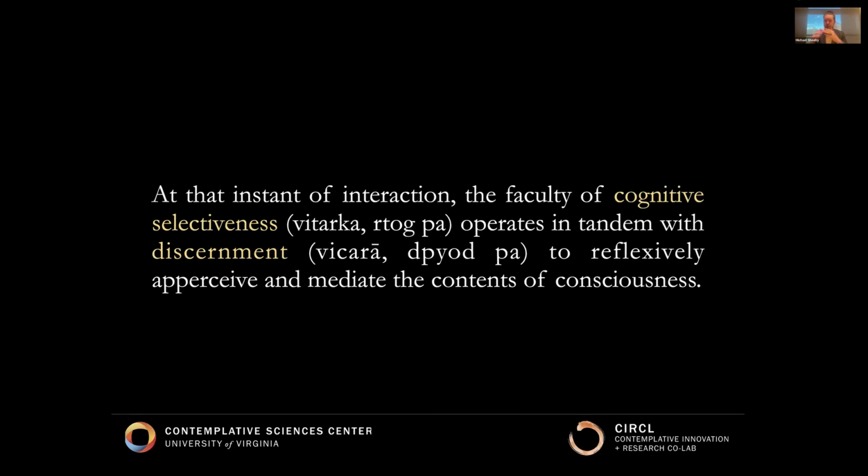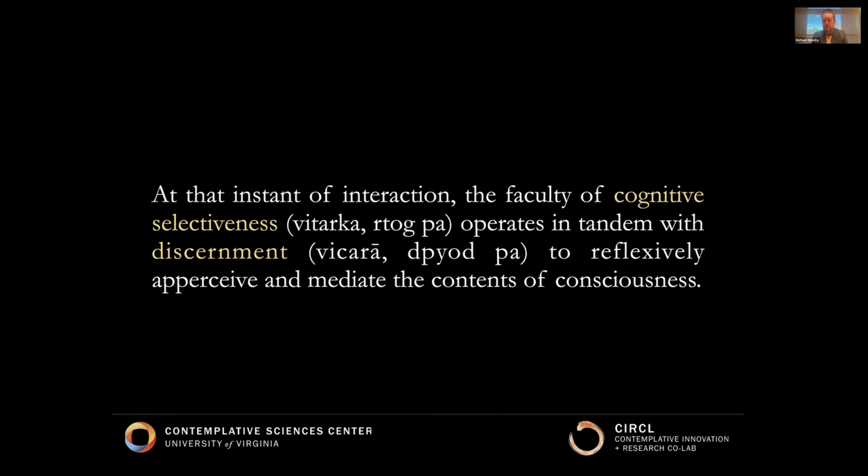So at that moment, where a moment of consciousness arises, there are these two operative cognitive faculties at work to both select the object and discern it. Okay? To select the object and discern it.